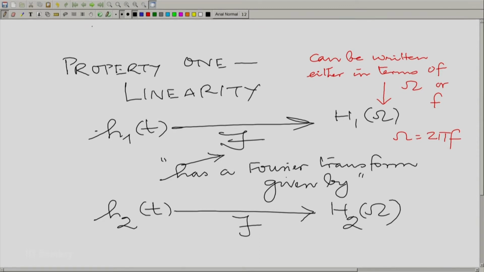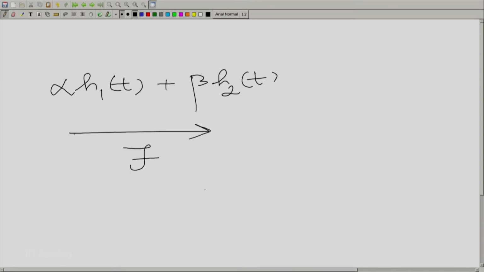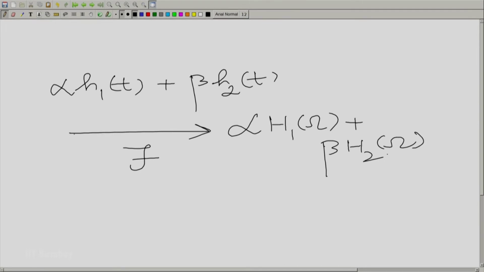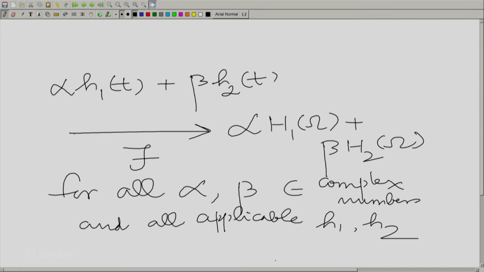Then linearity says alpha times h1(t) plus beta times h2(t) has the Fourier transform alpha times H1(omega) plus beta times H2(omega) for all alpha, beta belonging to the set of complex numbers. Remember, we must allow for complex numbers in general, and all applicable h1 and h2.